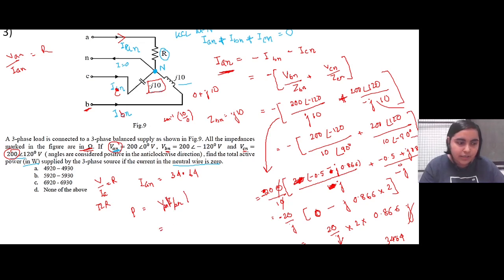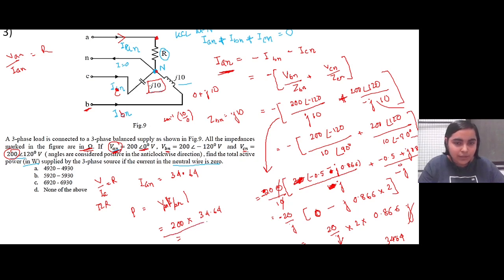200 is given here. For phase A, the angle is 0. So 200 times 34.64. In this case, the resistive part is only one branch, right? The rest of the branches are not resistive, so we won't get real power out of them.